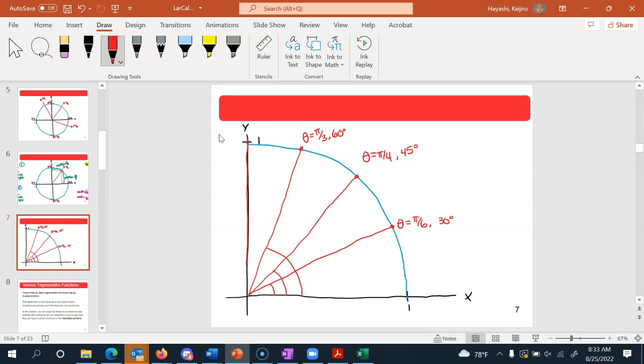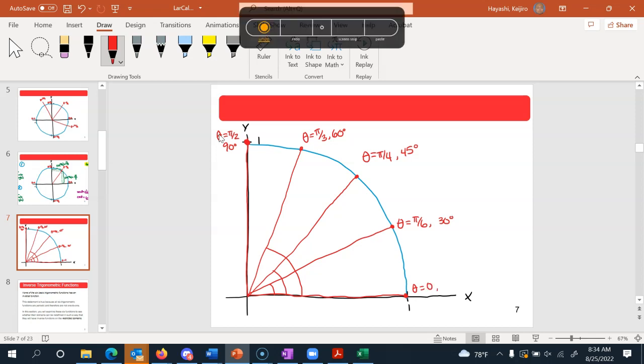They're much easier to remember. The one that goes straight up, that's pi over 2, or 90 degrees. And the one that goes nowhere, it's just where you start, that's an angle of 0 radians and 0 degrees.